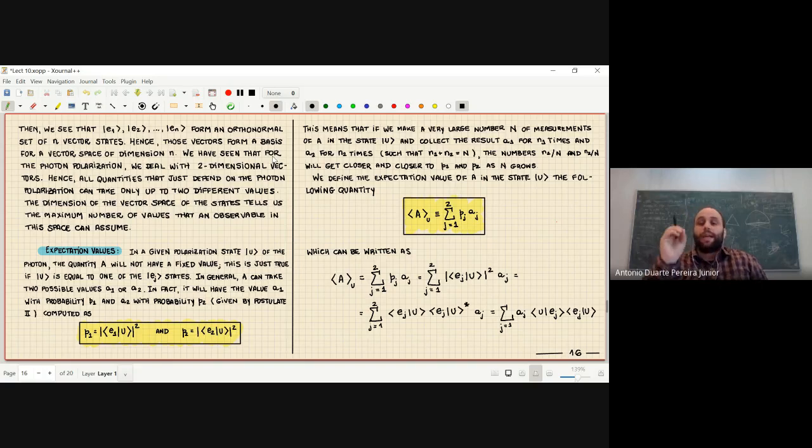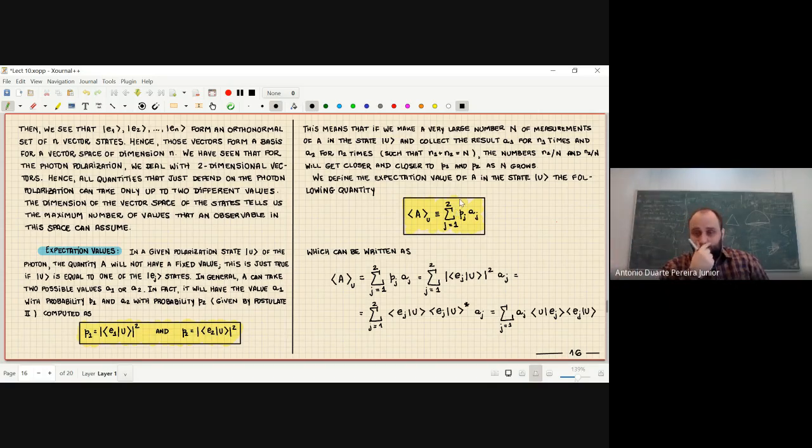So the expectation value is not the same as the values that you read out of your experiments. But this is an important concept that will appear over and over, so that's why we introduce it. For the moment, you can think of it as just a formal definition.